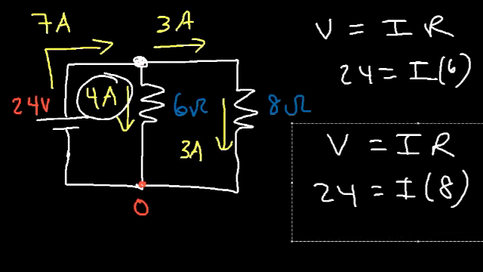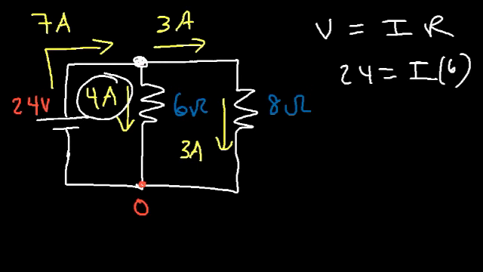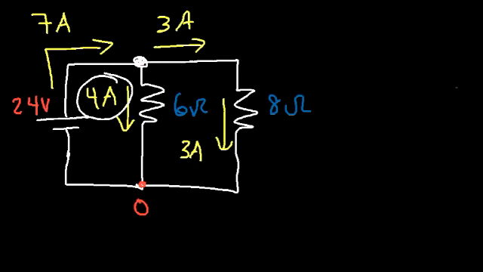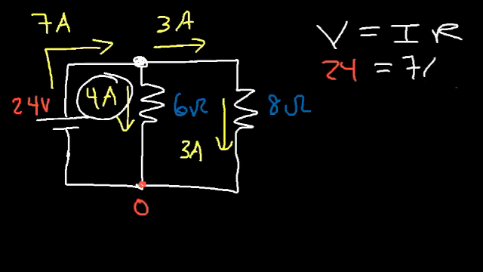Now the last thing that we need to do in this circuit is, actually there's two things we need to do. We need to find the equivalent resistance and the power delivered by the battery and absorbed by the two resistors. Now to find the total resistance of the circuit, there's two methods that we can use. First, let's use Ohm's law. V is equal to IR. The total voltage of the battery is 24 volts, and the current that leaves the battery is 7 amps.